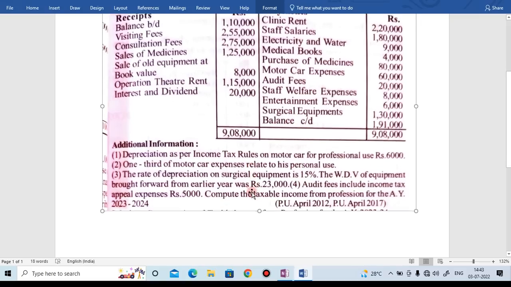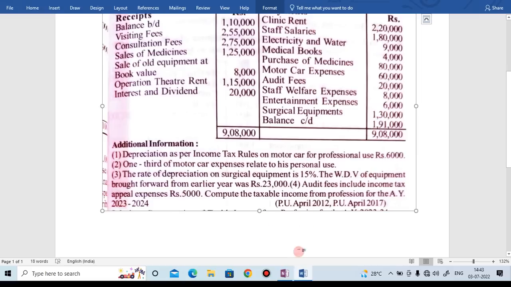Now what is remaining? Read the adjustment. We have solved adjustment number 2, that is motor car expenses, then depreciation of surgical equipment also, then audit fees also. So the first adjustment is remaining, that is: depreciation as per income tax rule on motor car for professional use is rupees 6,000. So this motor car depreciation is for the purpose of professional use. It is rupees 6,000.